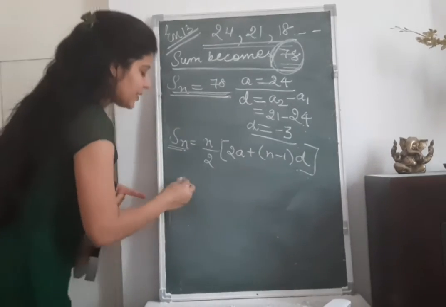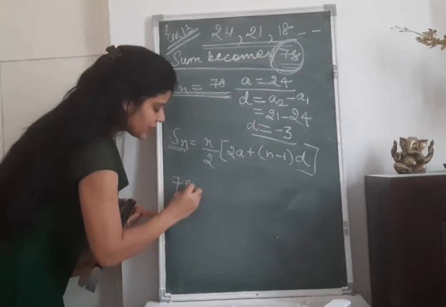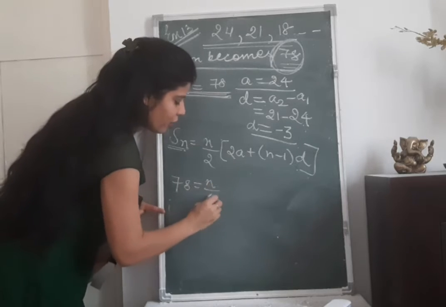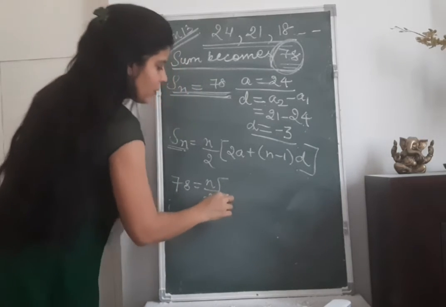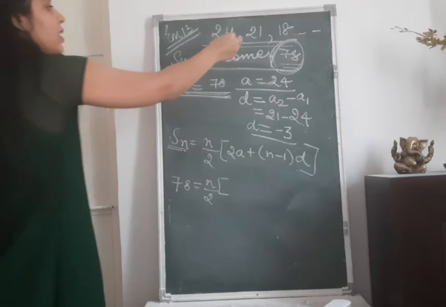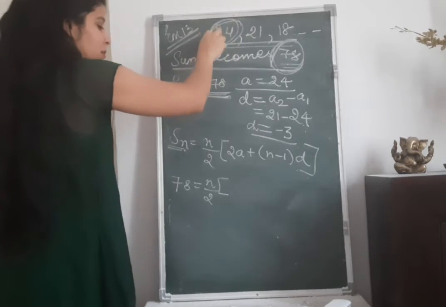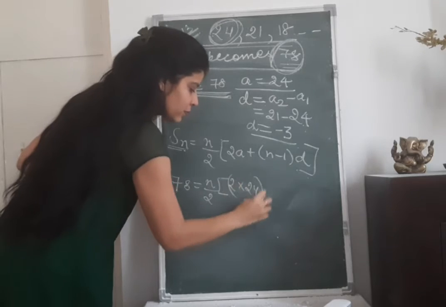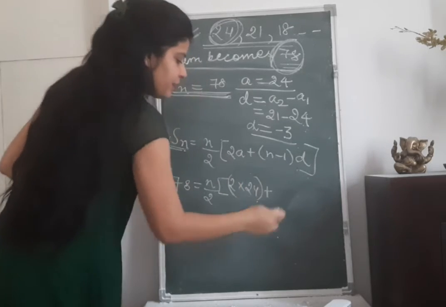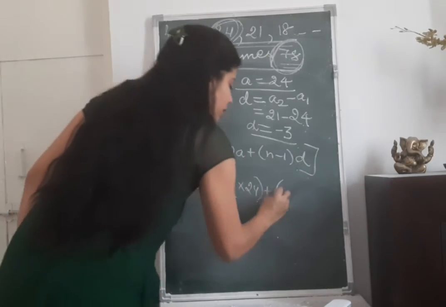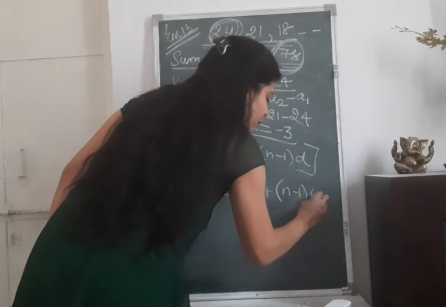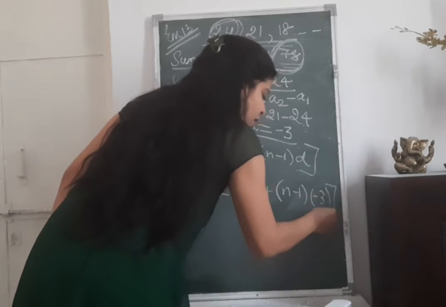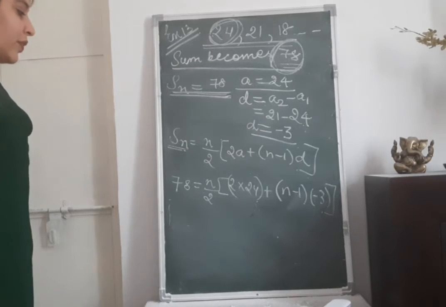So the value of Sn is equal to 78, equal to n upon 2. Which is our first term? 24. So 2 into 24 plus n minus 1 into d, that is n minus 1 into minus 3.